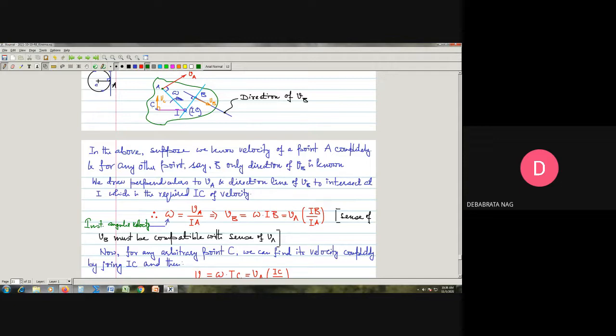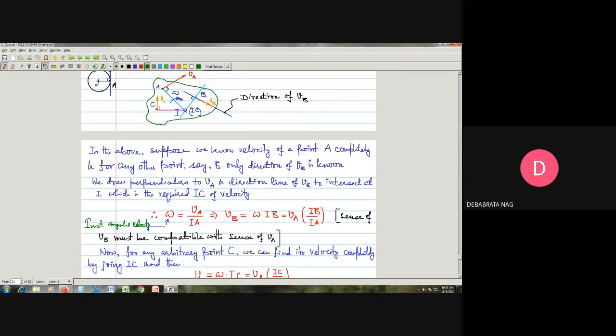Let's say this point is C, for which we do not know anything except its location. Earlier for point B, at least I knew its location, and also the direction of its velocity. But for point C, except its location, nothing is known to me. What I need to find out is the velocity for this point.